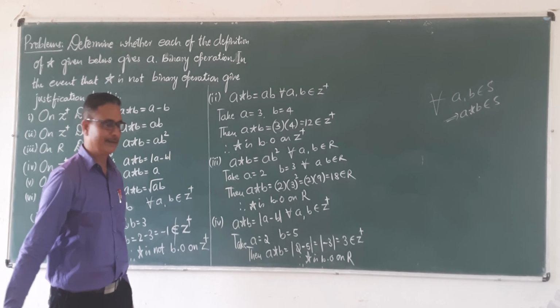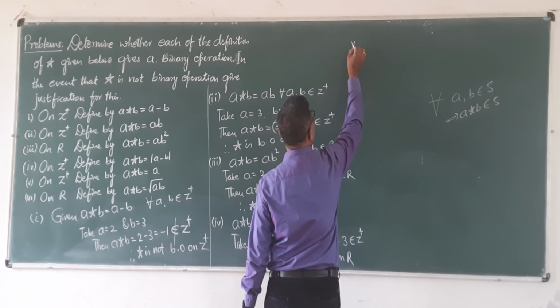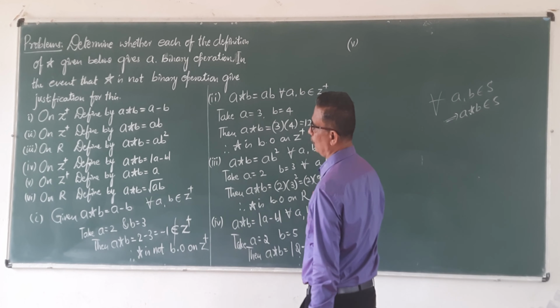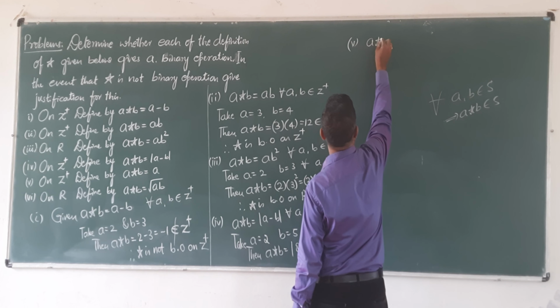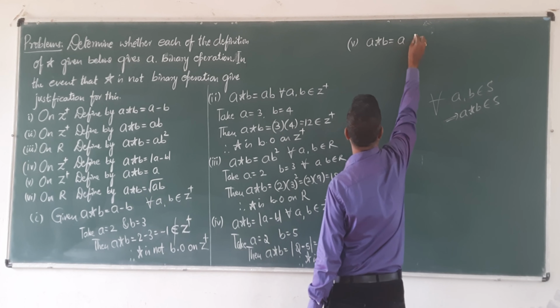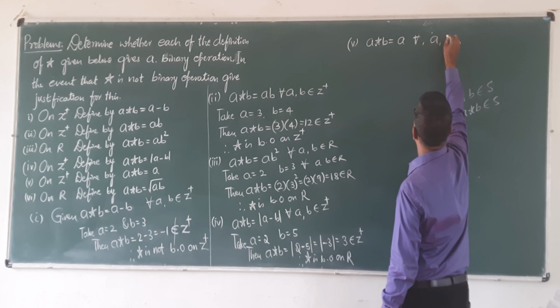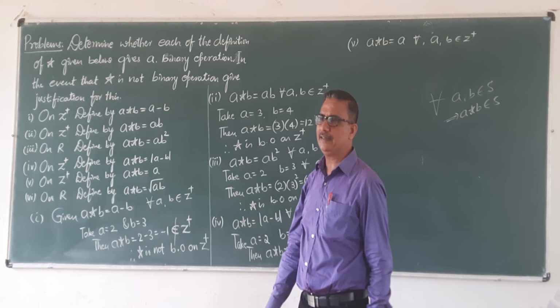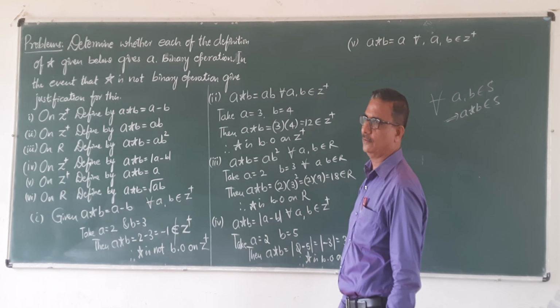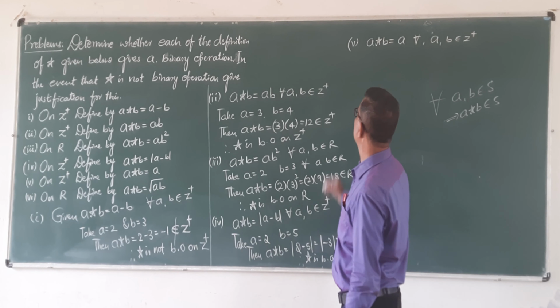Then the fifth one, on the set of positive integers, defined by a star b is equal to a for all a and b belonging to Z plus. Now verify whether it is a binary operation or not. Take a counter example: a value 3, b value 2.